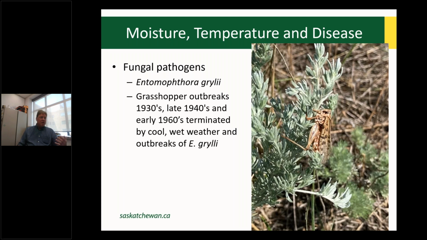So there have been outbreaks that have been stemmed by outbreaks or epizootics of Entomophthora. So an epizootic is like an epidemic, but associated with a non-human species. So late 30s, late 40s, early 60s, major outbreaks terminated by cool, wet weather and subsequent outbreaks of Entomophthora.